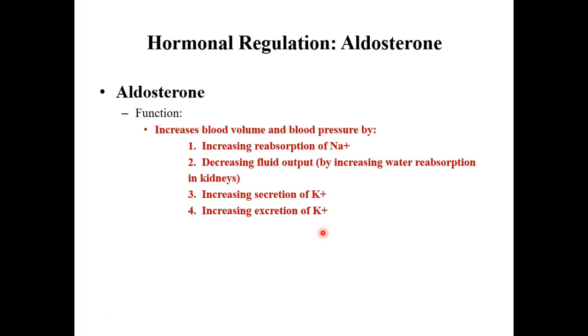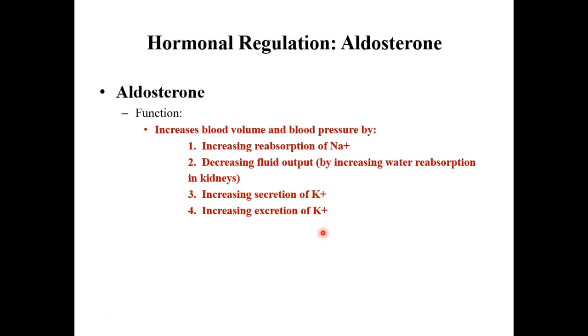Now, thinking about aldosterone, how do we do this? One way to think about aldosterone is that it increases your reabsorption of sodium, which is great, at the renal tubules, as well as specifically at your nephron loop. Another thing is that we're going to decrease our fluid output by increasing water reabsorption at our renal tubules, specifically at the nephron loop. But one thing I also can do is get rid of my potassium in order to maintain my blood volume.